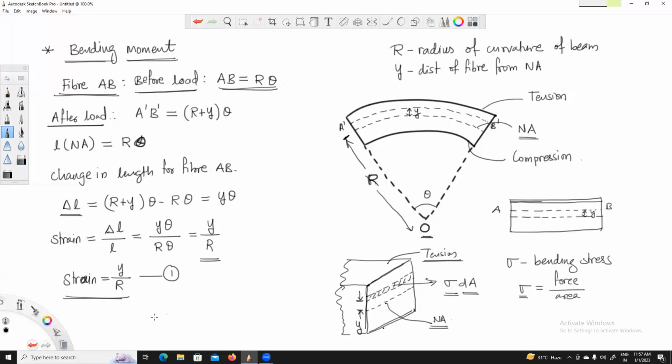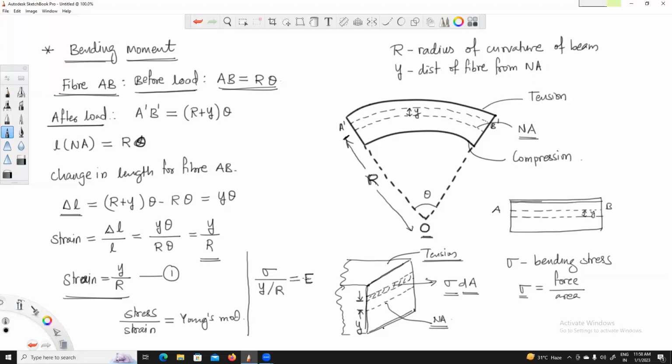All right. So now we have the relation between stress and strain. What is that relation? Stress over strain is Young's modulus. So stress sigma divided by strain, which is given by y divided by r, is Young's modulus.